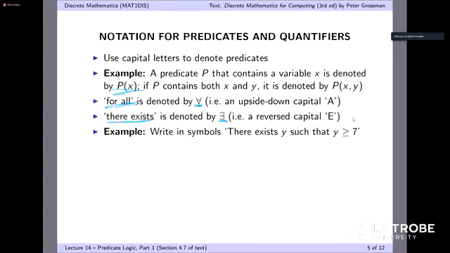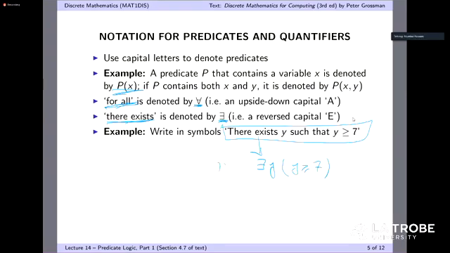Now, given that you have this, can we write this statement in symbolic form? There exists y such that y is greater than or equal to 7. Now, here, I can write it like reverse E, there exists y, and then you can say y greater than or equal to 7.